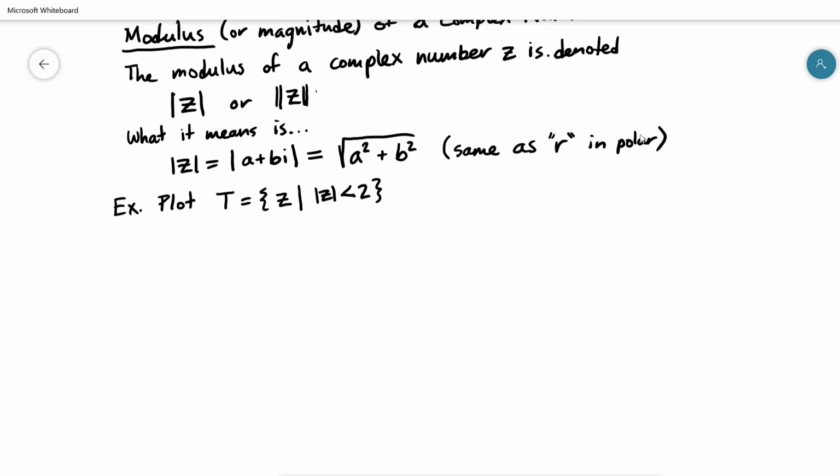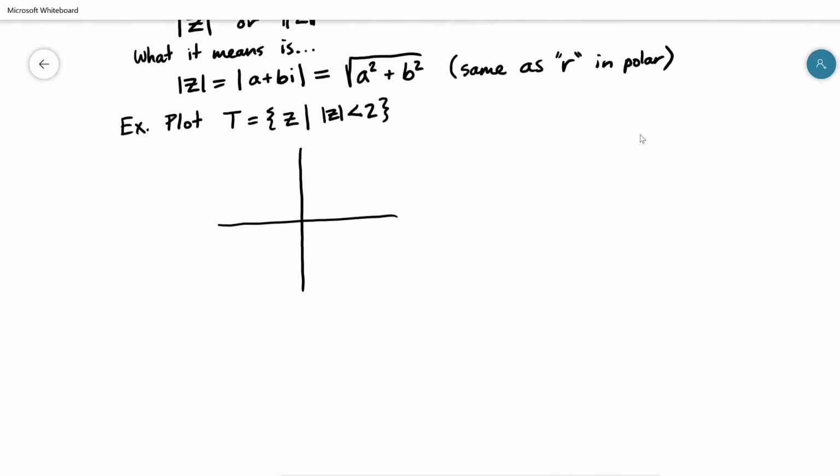What does that wind up looking like? Well, I'll draw my axes. Draw that a little better. There we go. Give myself some room. So there's my real axis. Here's my imaginary axis. Go a distance 2. Distance 2.